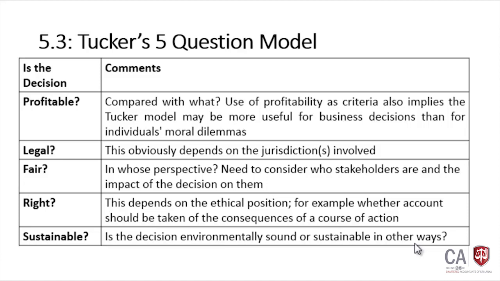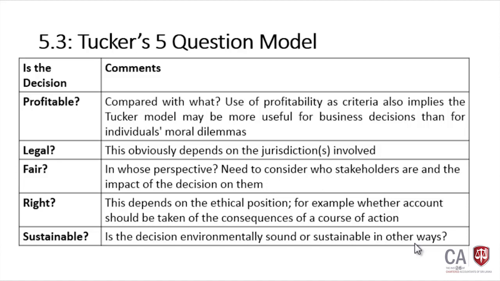First one is profitable. Look at the comment. Compared with what? Use of profitability as criteria also implies the Tucker model may be more useful for business decisions than for individual moral dilemmas, right. So, here normally in a business case, number one thing you are looking at is whether it is profitable or not.